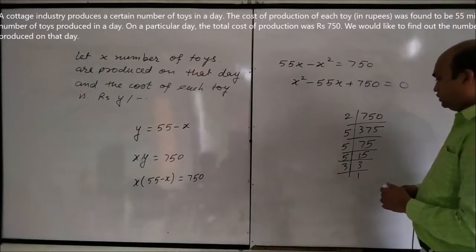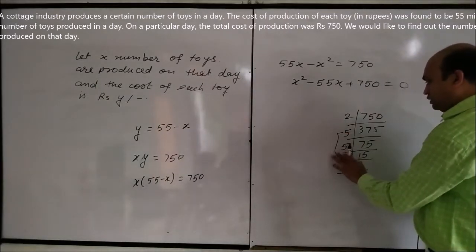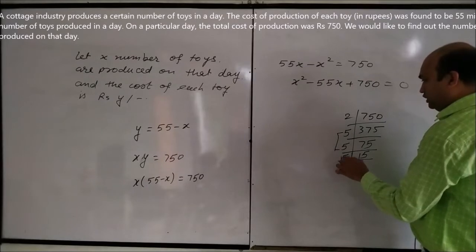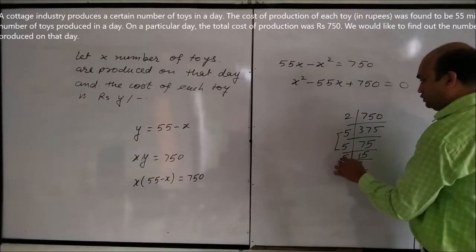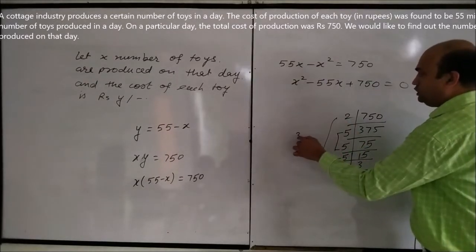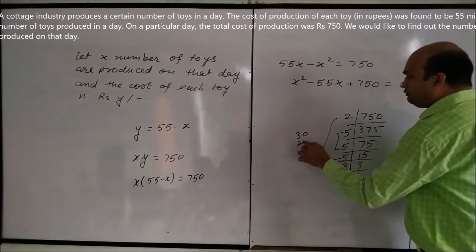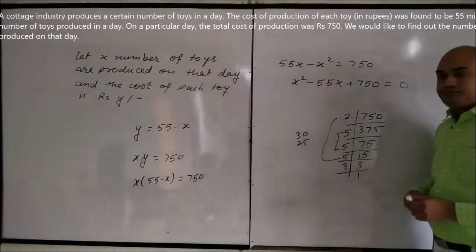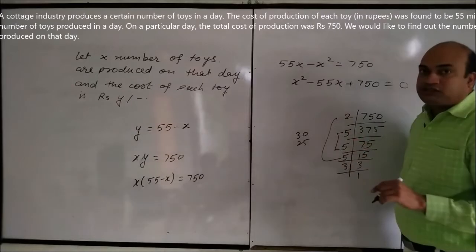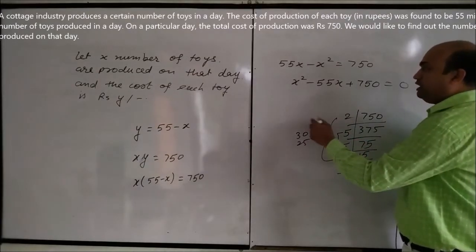Now you see we will have this 25 and this will be 10 threes are 30. 30 and 25, the sum will be 55. So the two numbers we obtained are 25 and 30.